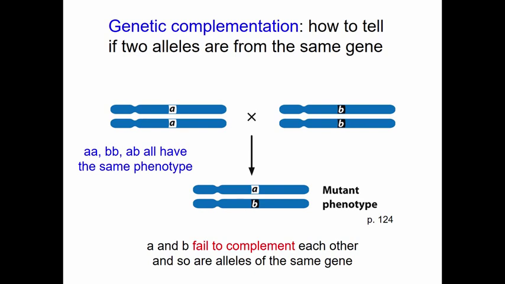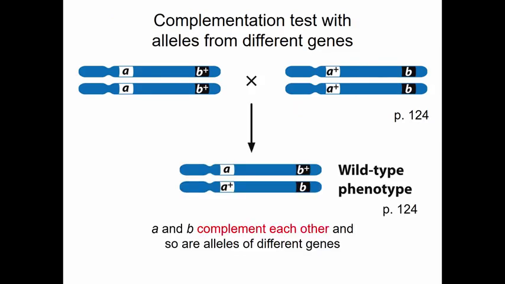This example is if the alleles are in different genes. In the same way as the previous slide, this progeny down here is the product of a one square Punnett square, because the left parent is homozygous and the right parent is homozygous here.